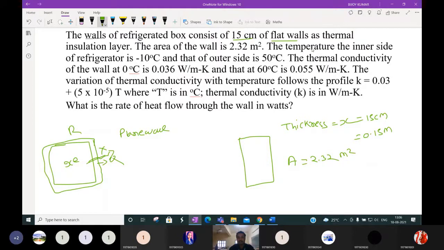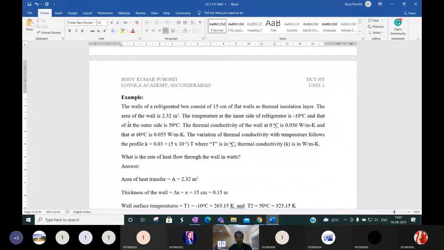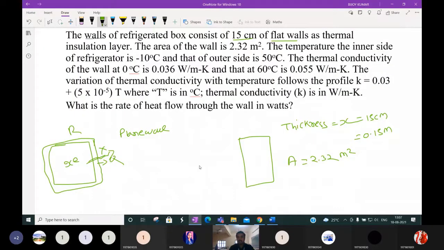The temperature at the inside of the refrigerator is minus 10 degrees centigrade, and that at the outer side is 50 degrees centigrade. So it is given inside temperature, suppose T1, outside temperature, suppose T2.